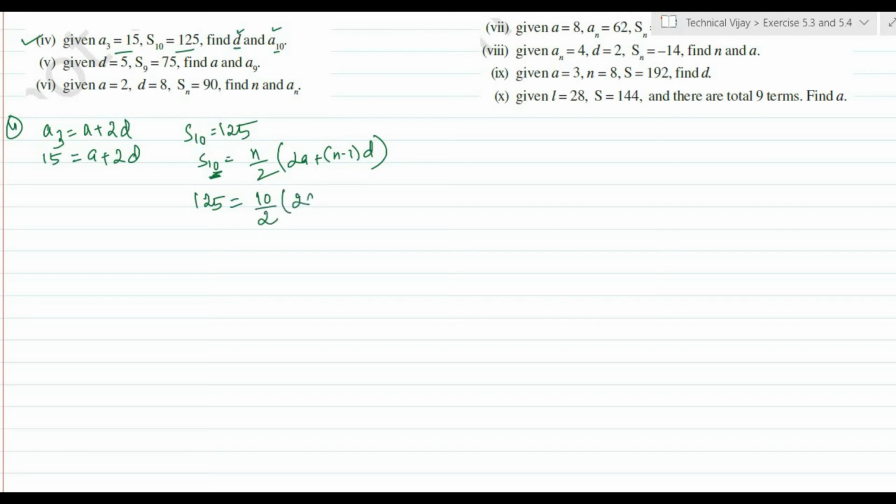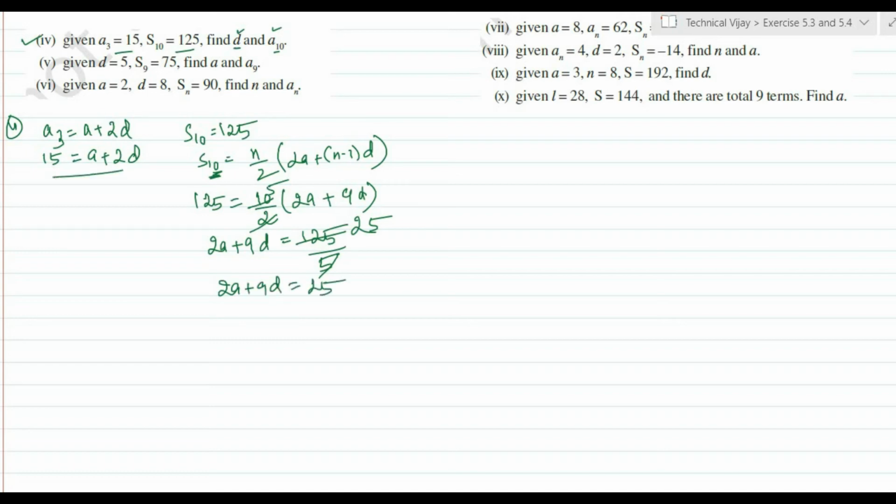So 2A plus 10 minus 1, that is 9D. Okay. So here 2 into 125 divided by 5, 5 ones are 5, 5 twos are 10, 5 fives are 25. So 2A plus 9D is equal to 25.